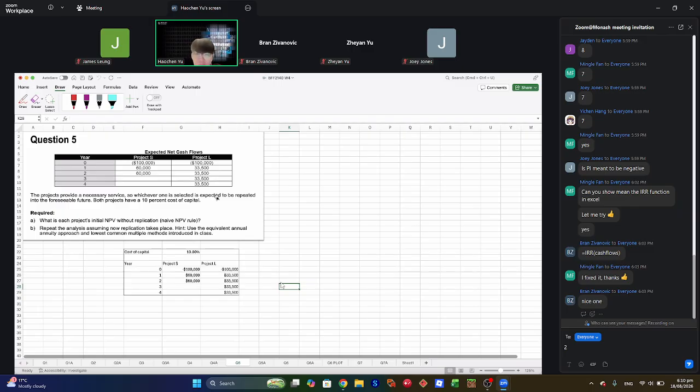This part is quite straightforward. Basically, you just apply the NPV function. I will show you the NPV function again. You already know this from the previous questions. When you use the NPV function, the first input is always the discount rate, or the cost of capital, or interest rate, or required rate of return. It depends on which one is given in the question. Then we put all these cash flows into the function.